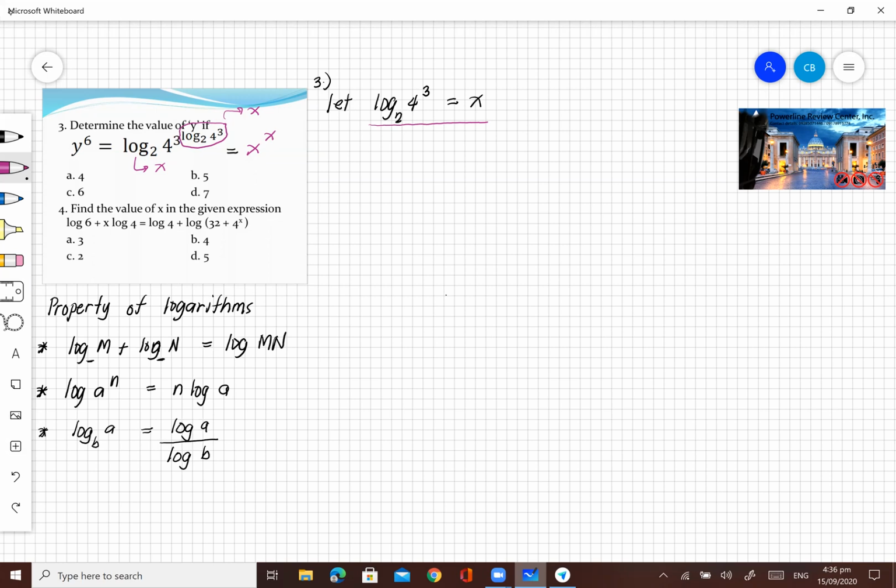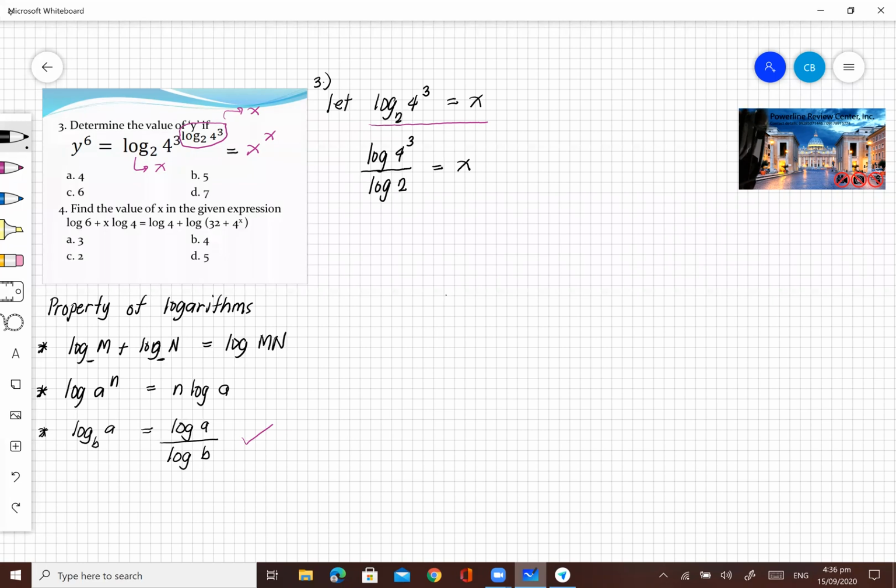Using the third logarithm property, pwede kong sabihin na yung ating left side of the equation, using the third property, so I could say this is logarithm of 4 raised to 3, nakadivide kanino? Logarithm of 2, which is equal kanina yan?